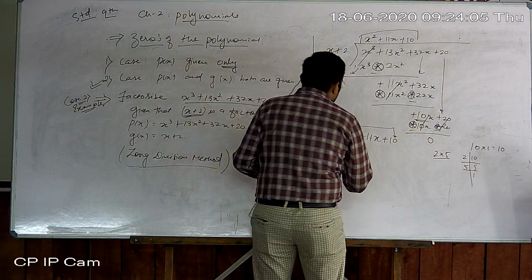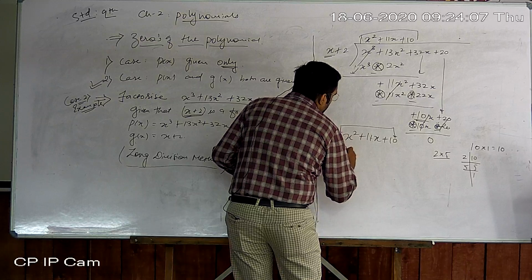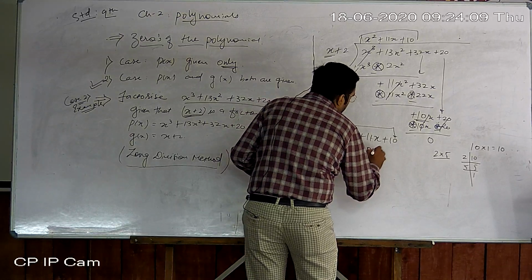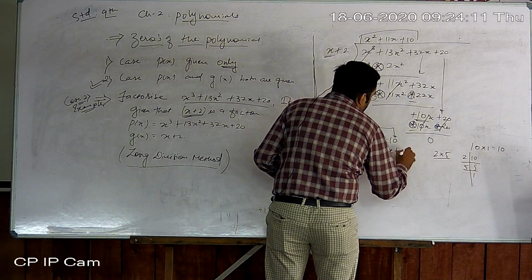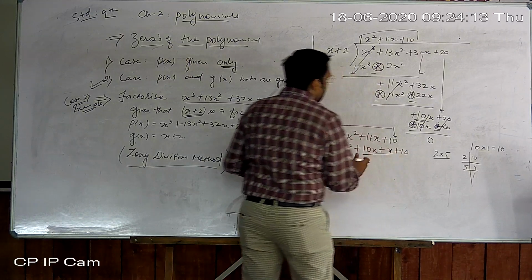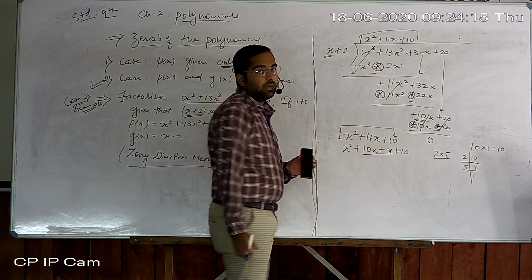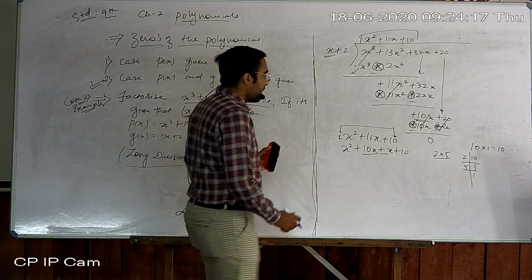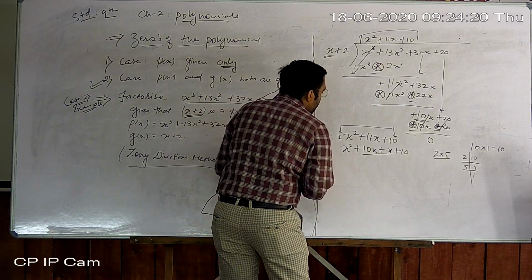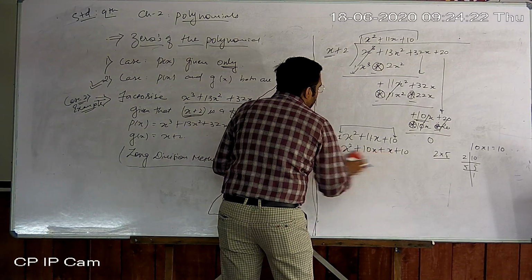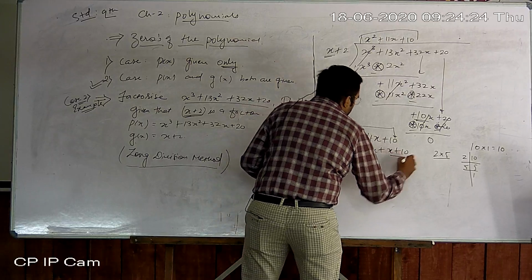So I'll choose x square plus 10x plus x plus 10, that is 10 ones are 10 and 10 plus 1 is 11. So I'll split them as first two and last two terms.